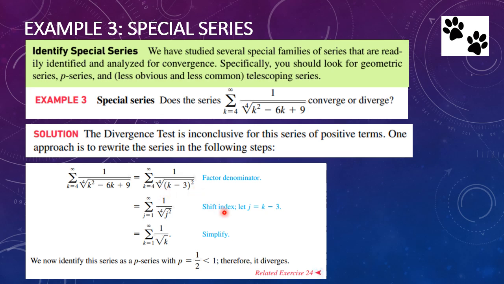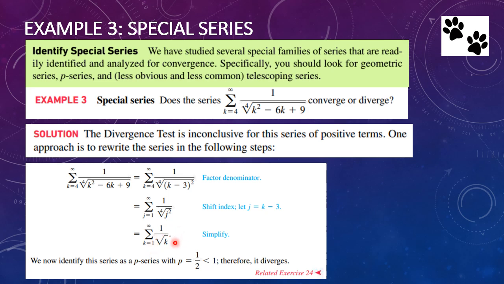If we then shift the index, making j equal to k minus 3, then notice we can do the summation from j equals 1 to infinity of 1 over the 4th root of j squared. If we simplify this, notice that the 4th root of j squared is the square root of j, or changing that index, we get the summation from k equals 1 to infinity of 1 over the square root of k.